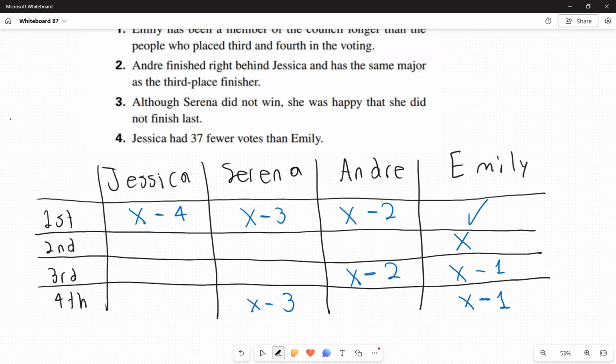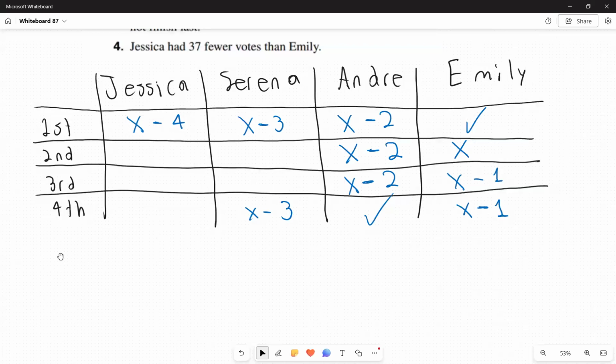So yeah, Andre cannot be number 2 because he finished right behind Jessica and Jessica didn't win. So Andre was last. And we don't know who were the third and the second place, but we know for sure that Emily won and Andre finished last.